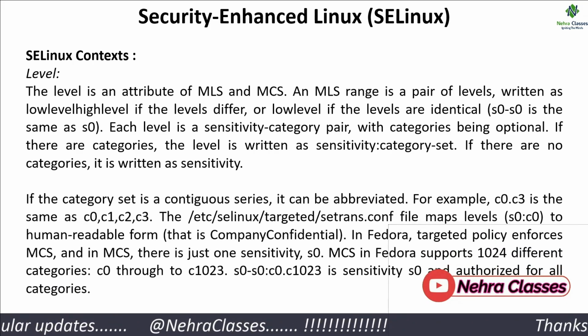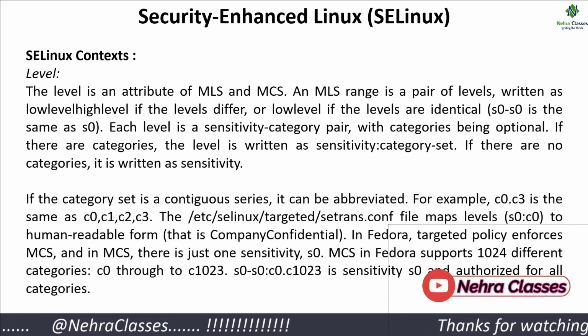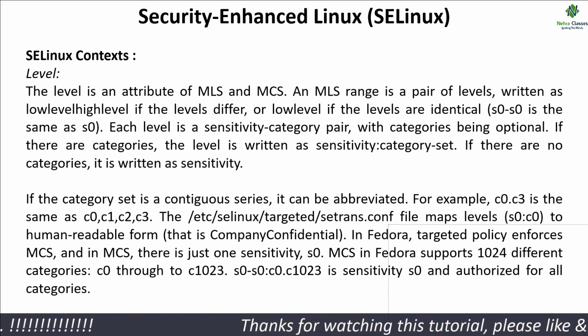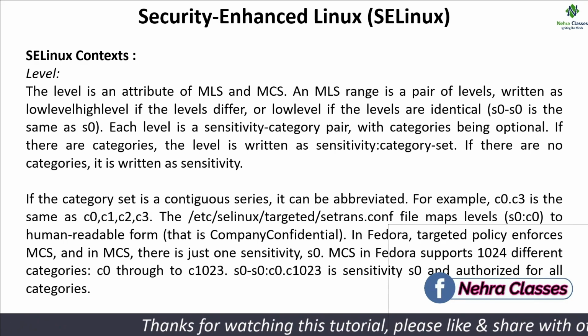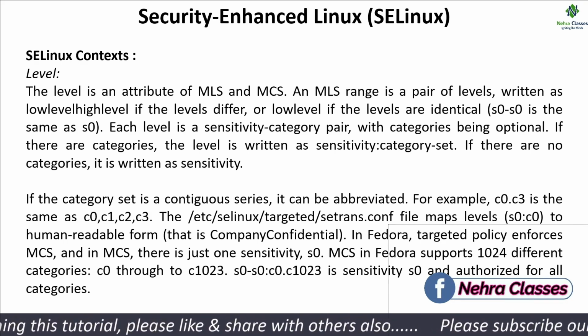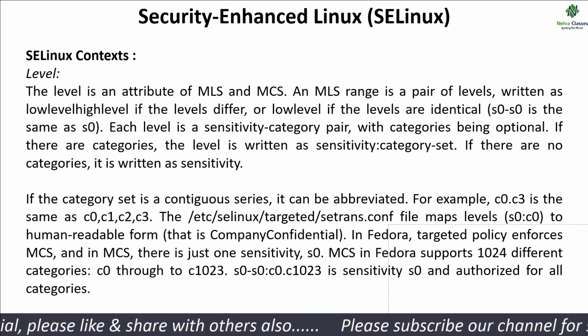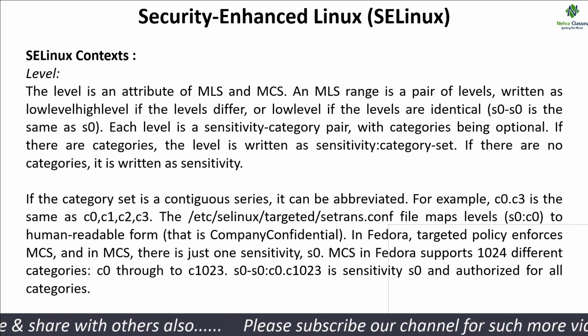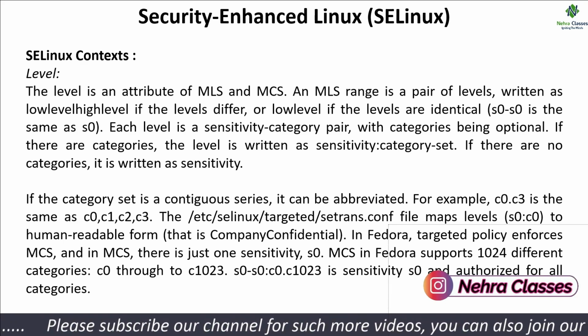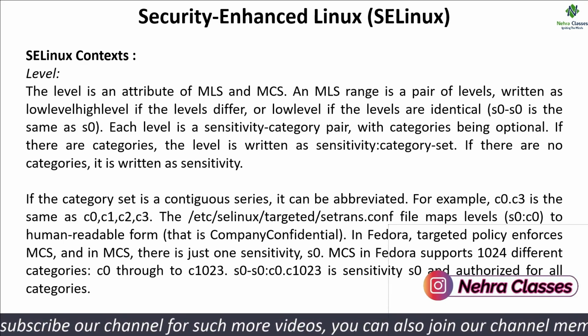If the category set is a contiguous series, it can be abbreviated. For example, C0.C3 is the same as C0, C1, C2, C3. The /etc/selinux/targeted/setrans.conf file maps levels to human readable form.